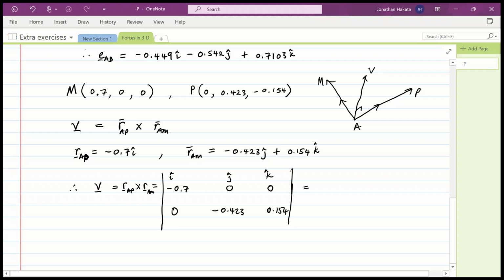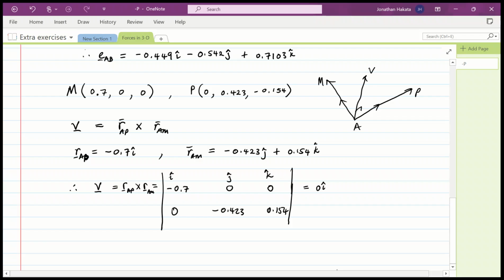Now, if you do this cross nicely, you are going to see, if you close I and J, you have 0 minus 0, which is a 0I. Then minus, for J, you put minus in advance. Then you close the entire top row, middle column, you have minus 0.7 times 0.154 minus a 0.